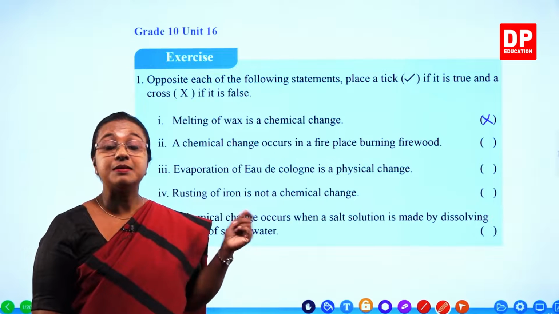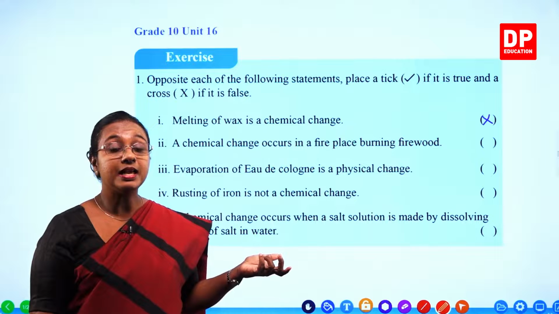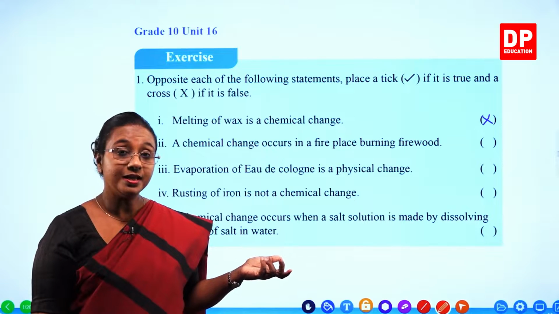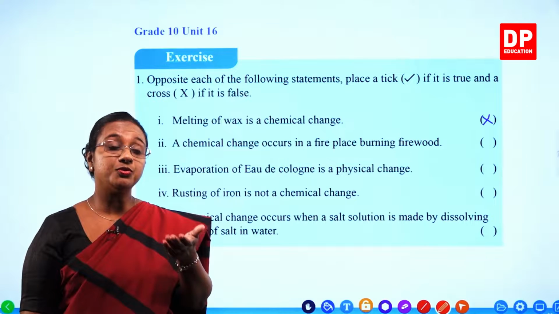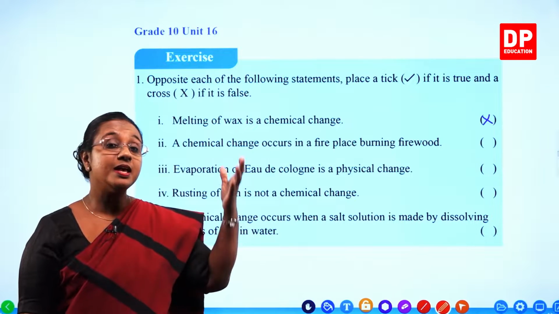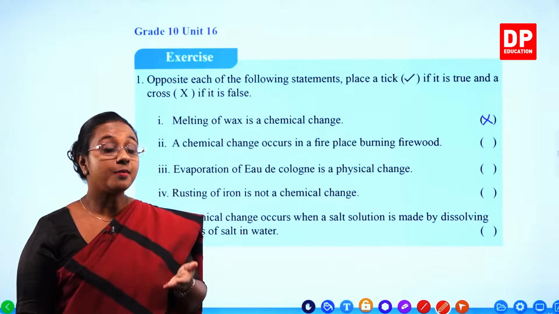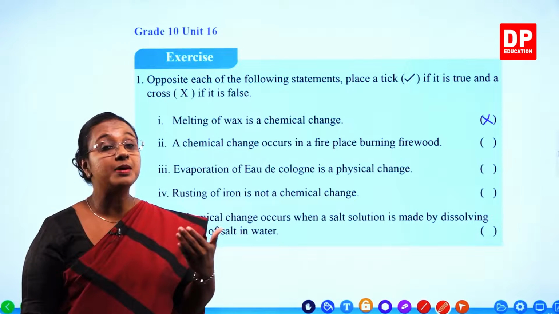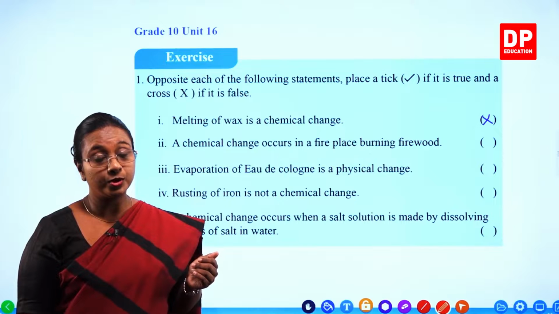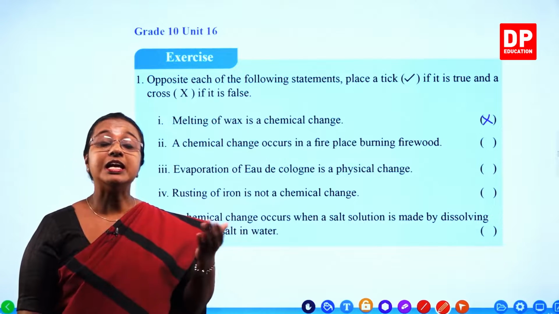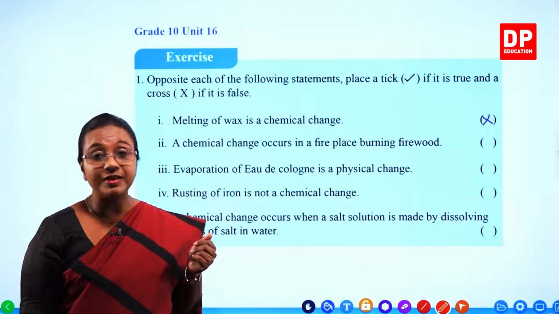A chemical change occurs in a fireplace burning firewood. What is that? Combustion is a chemical reaction. Why? When you say firewood, it has certain substances. You all know you have discussed biomolecules, mainly the carbohydrates. Carbohydrates are made up of carbon, hydrogen and oxygen. So when we burn firewood, the products are usually carbon dioxide and water vapor.